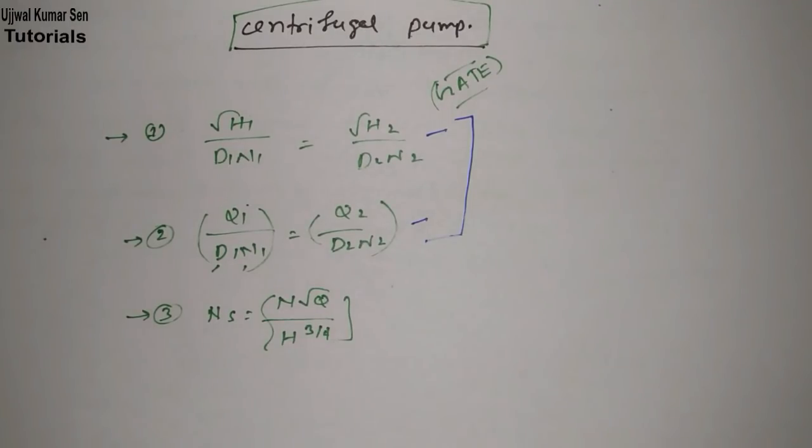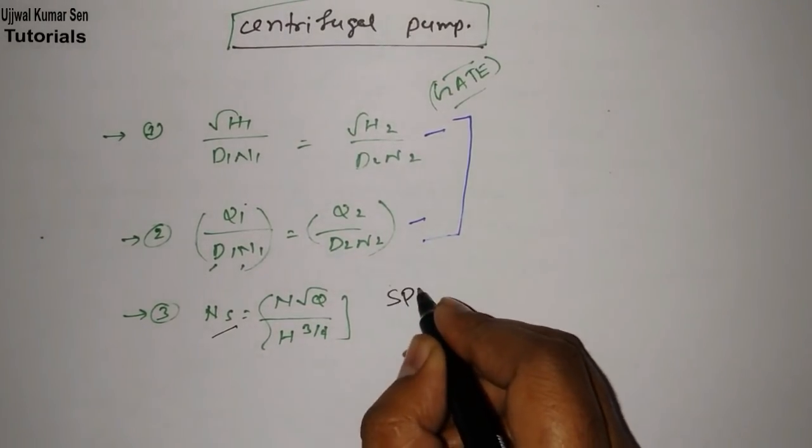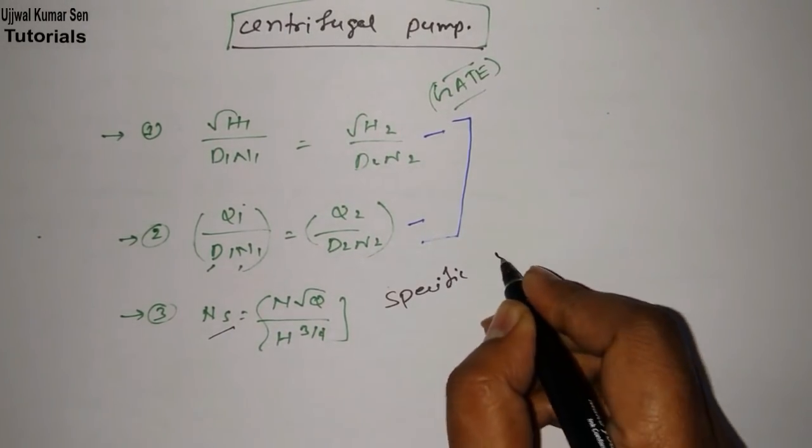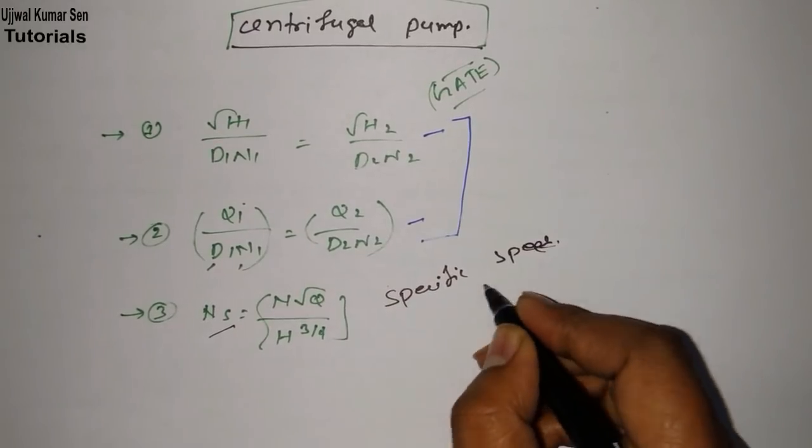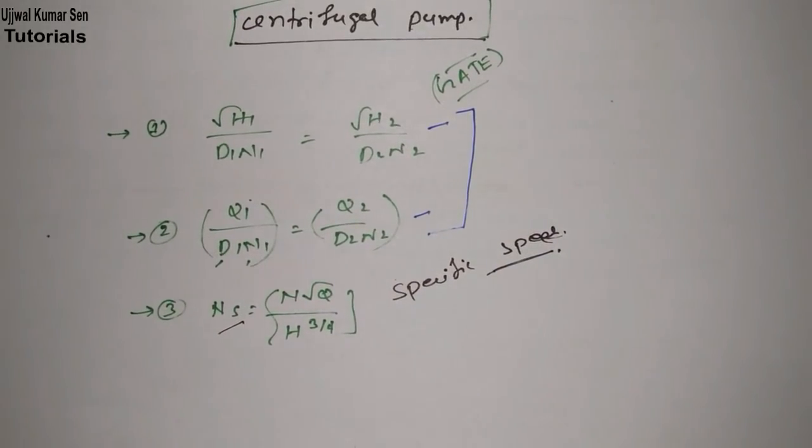The next one is quite important also, because I have already shared with you a question asked on turbine and Francis turbine. Based on that data, this is ns, the specific speed. And if a question comes in the examination, then probably this one is also important to find its answer.